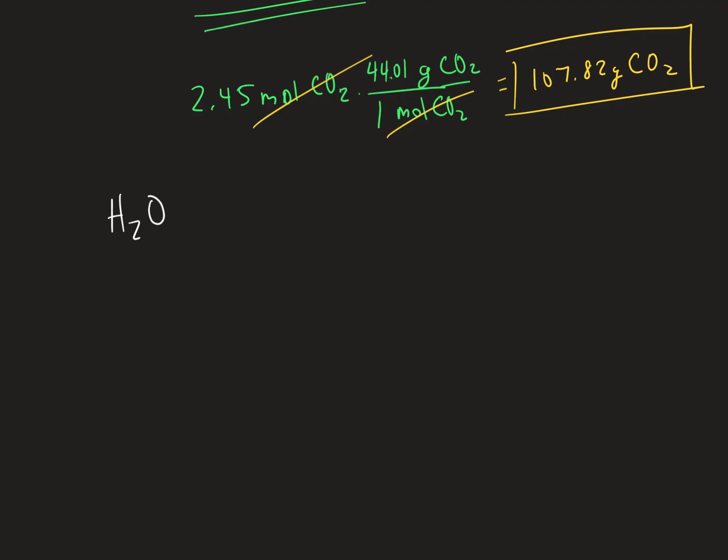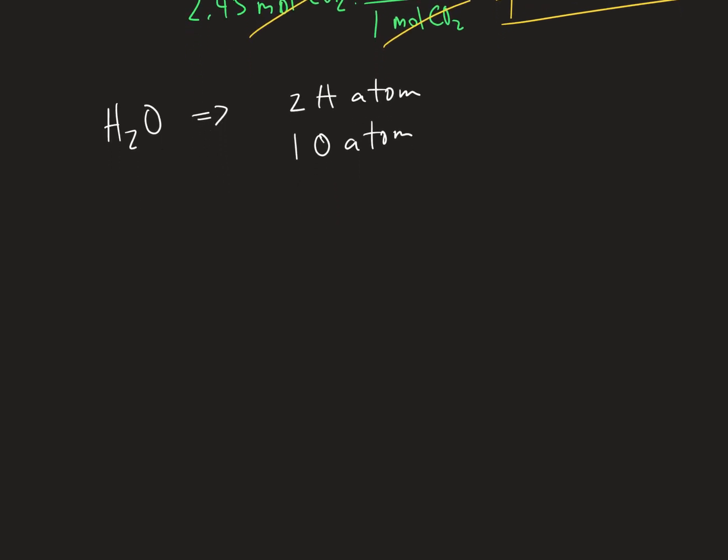In water, we have 2 hydrogen atoms for every 1 oxygen atom. You with me? Can we say we have 2 moles of hydrogen to every 1 mole of oxygen?